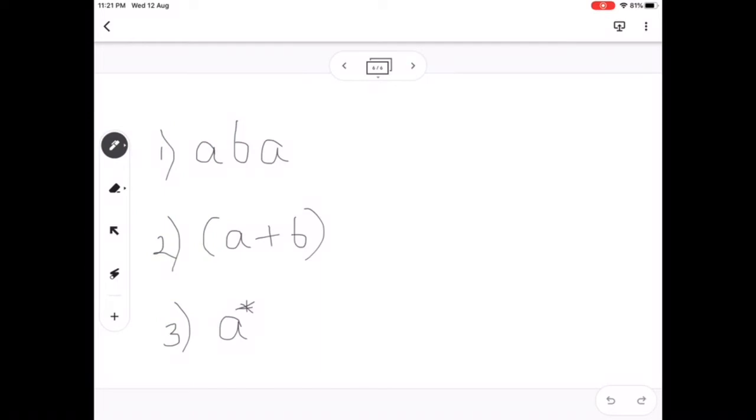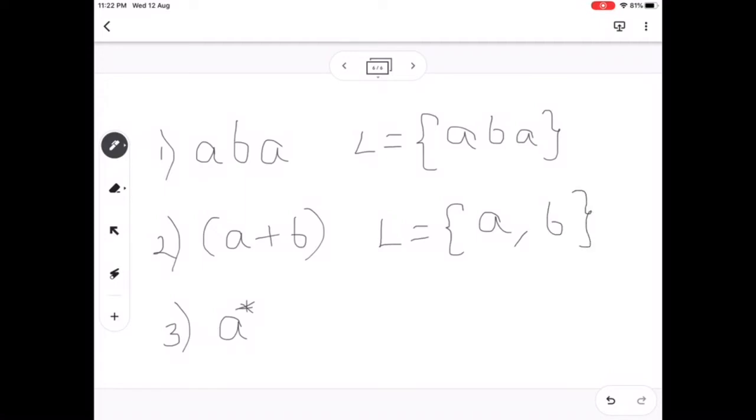Concatenation. The first example is of concatenation, that is A dot B dot A. It means A is concatenated with B and again further concatenated with A. So what will the language of this expression contain? The language will contain the string ABA. In A plus B, it is choice, that is A or B. It means the language will contain A or B, not both together.